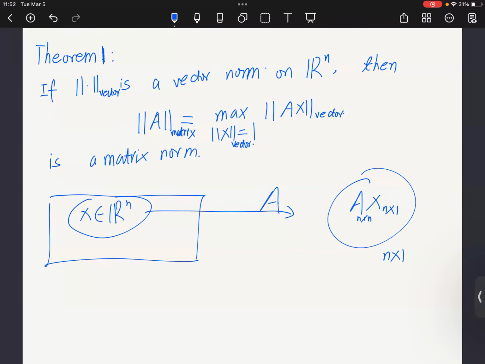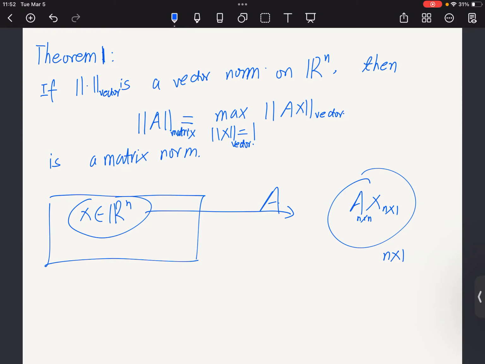If you check this maximum expression against property 1, property 2, that is, non-negative, definite, and the triangle inequality, and so on, those five properties, then we can say, okay, this is a matrix norm.